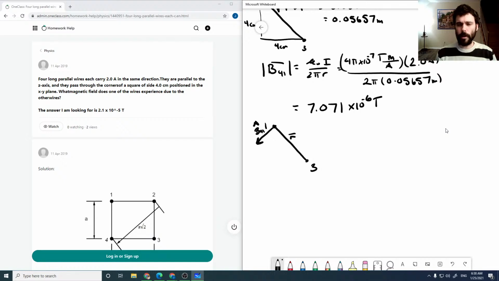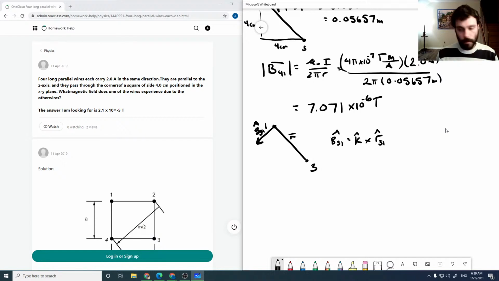Our unit vector in our B31 direction is going to be that way. And so we know that our B31 hat, the right-hand rule really expresses that it's going to be k hat cross r hat, R31 hat.